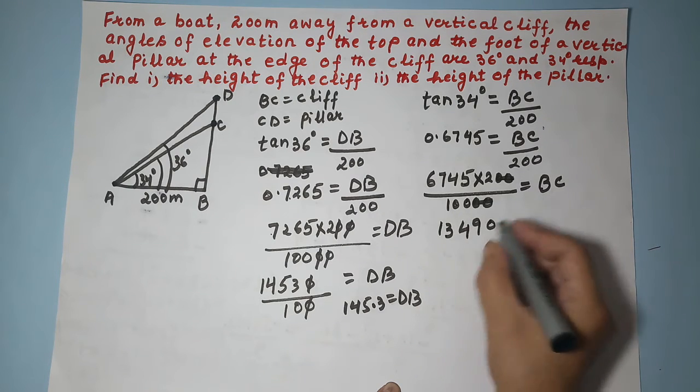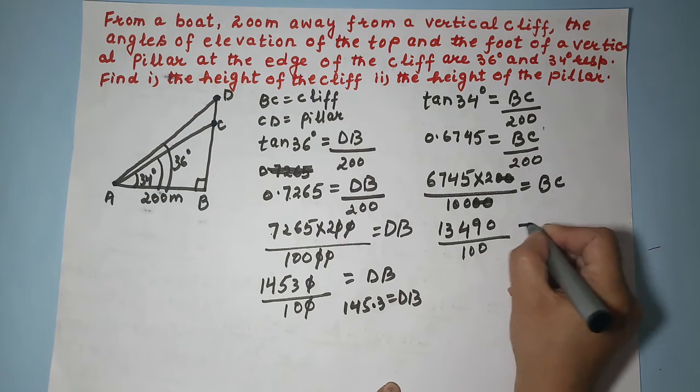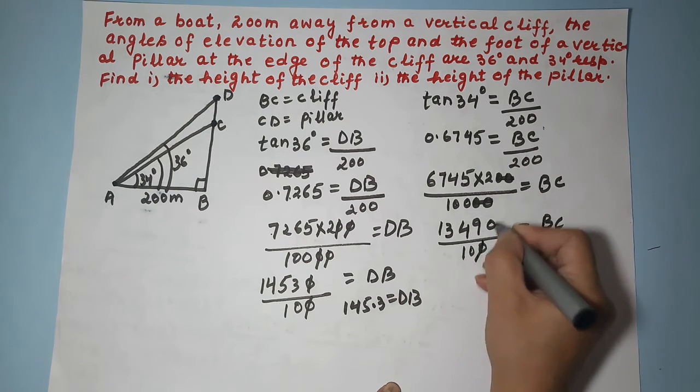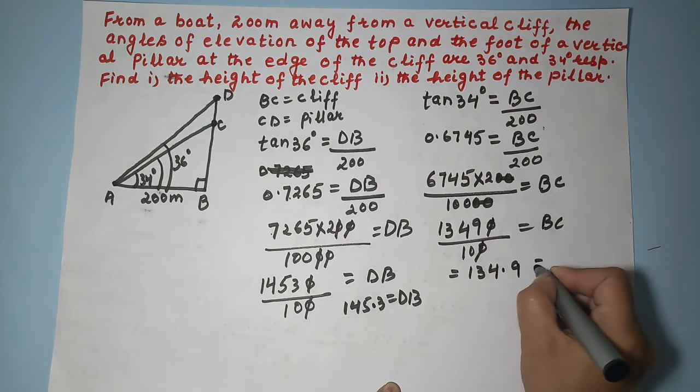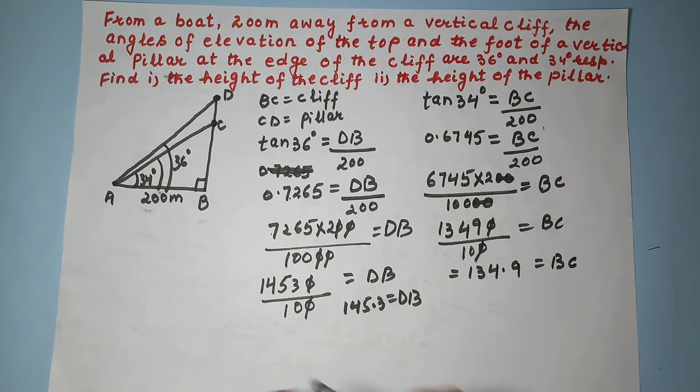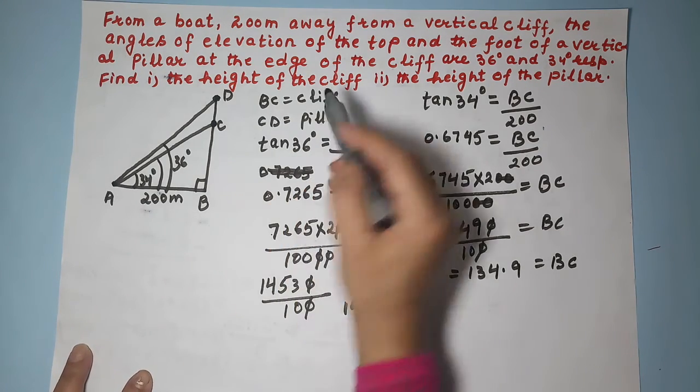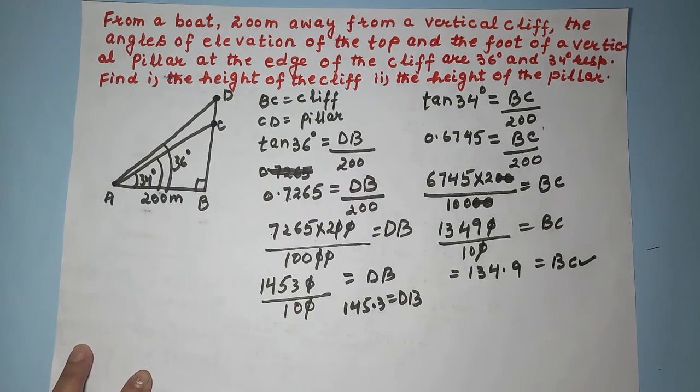So then divided by 100 is equal to BC. The zeros will go. So my BC is 134.9. That is my BC. Now what was my BC? Cliff. I have got the height of the cliff.